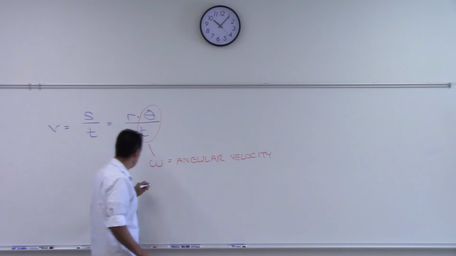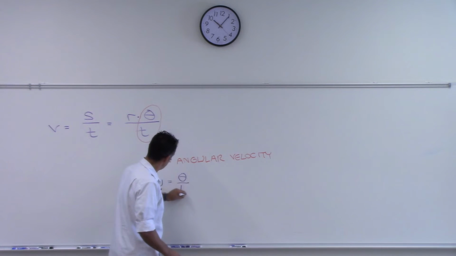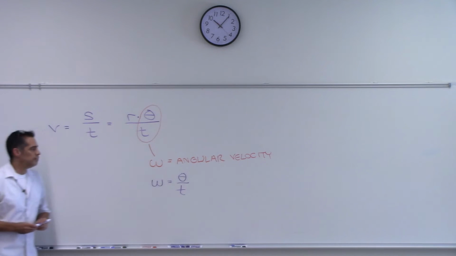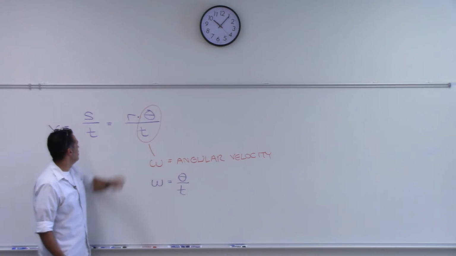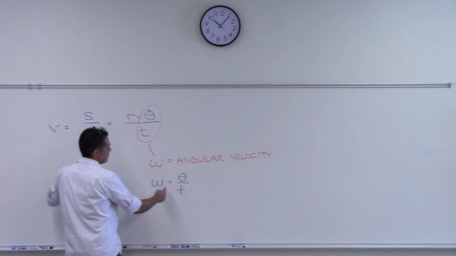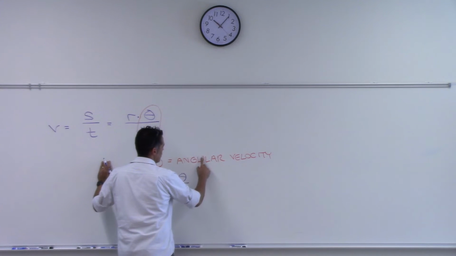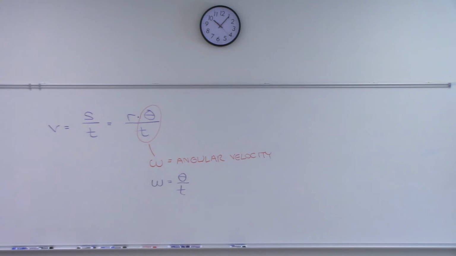So omega is theta over t. It's just another name for this expression right here. Angular velocity.